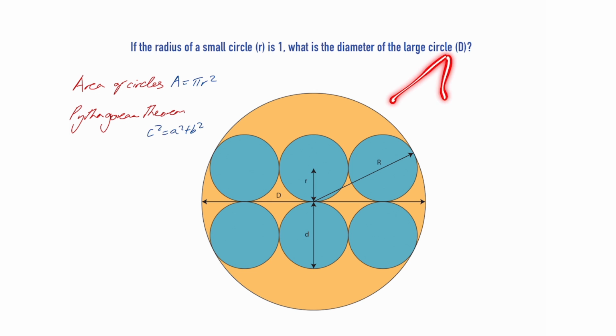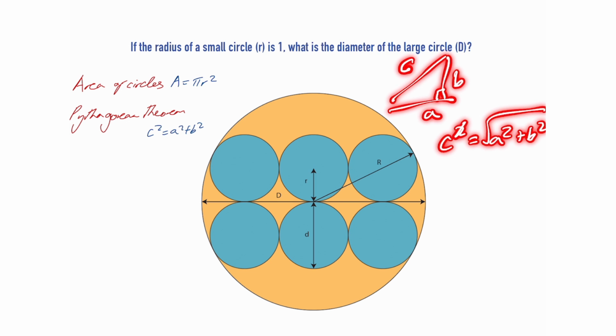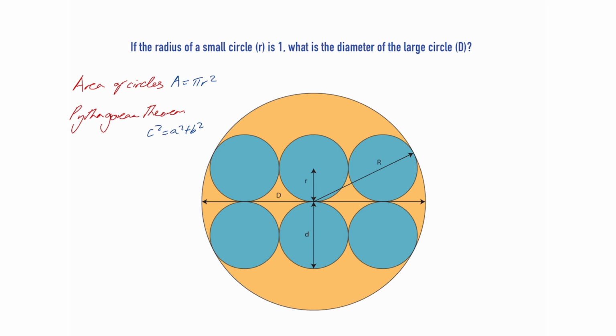Just as a quick reminder, we have a, b, c of our right angle triangle, and c squared equals a squared plus b squared. So c is just going to be root a squared plus b squared. Again, concepts slightly advanced for grade 5 level, but let's see how we can proceed.